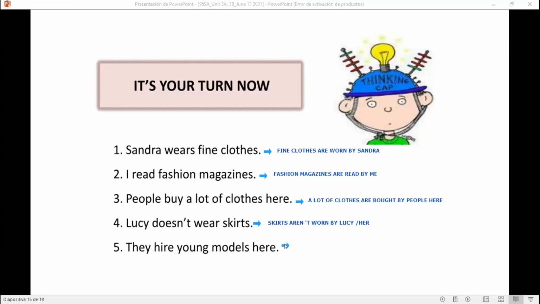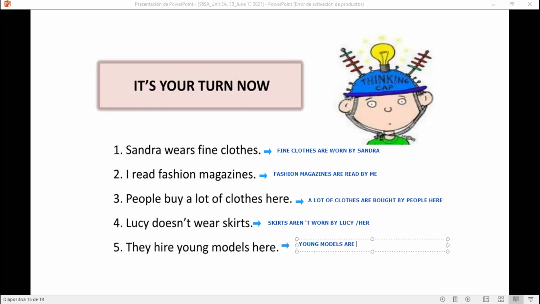Vamos a la última. They hire young models here. Contratan a modelos jóvenes aquí. Young models, teacher. Are. Les doy una pista. Hire es un verbo regular. ¿Cómo cambiaríamos al pasado?